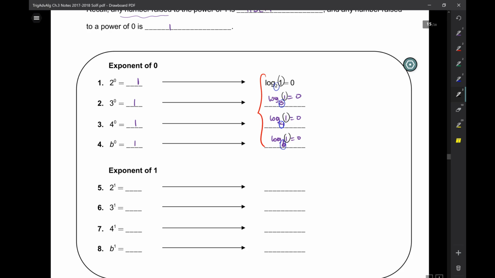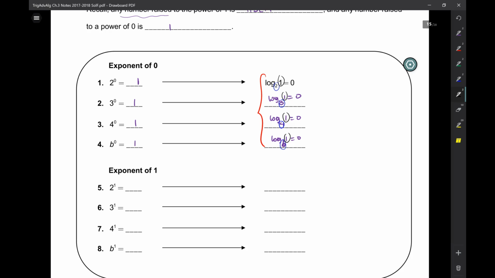So what do you notice then? No matter what the base is, if you have log of 1, what is your answer going to be? 0. Because no matter what the base is, what you're looking for is b to the power of what gives you 1? 0. 4 to the power of what gives you 1? 0. Right? So no matter what the base is, log of 1 is always going to give you 0.